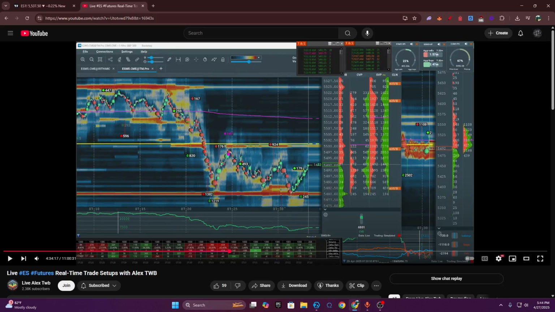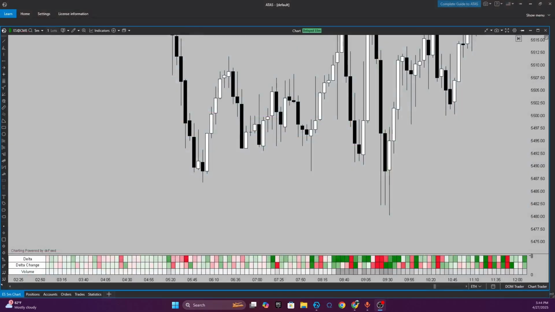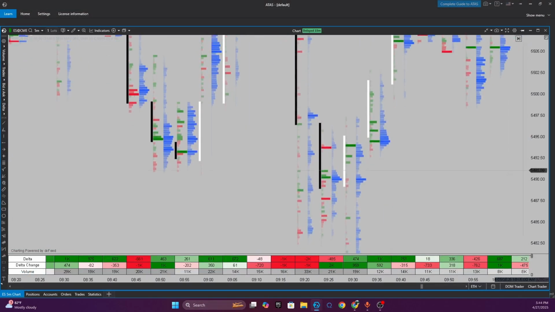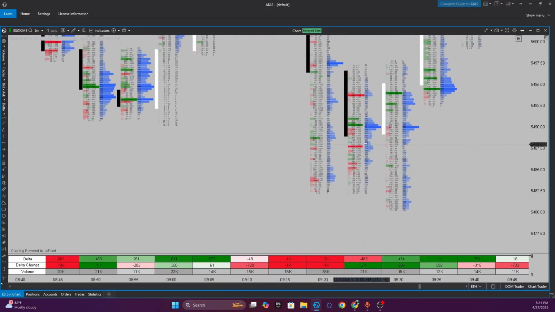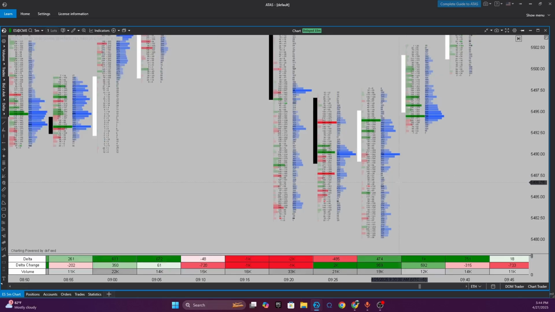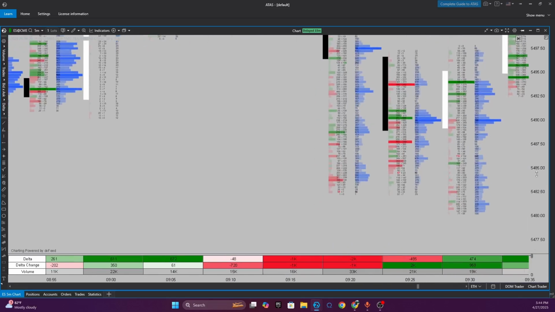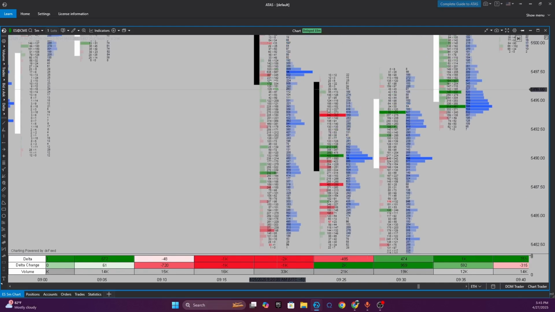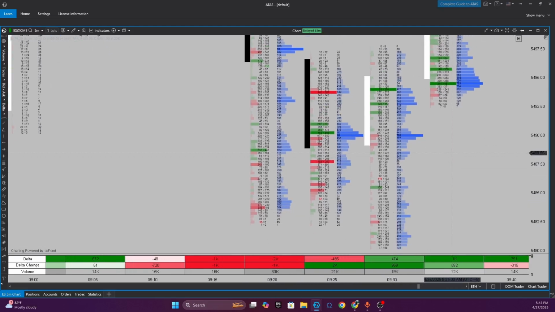But to take things to another level of depth, let's take a look at the footprint charts. Now here, if you go to the same lows where we're getting absorbed on Bookmap, clearly, take a look at what's going on. First of all, we have these wicks, which is normal price action.